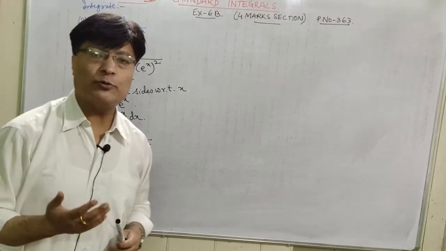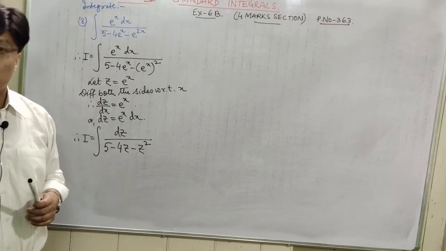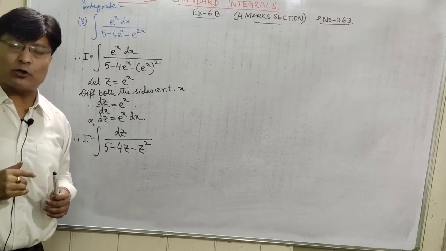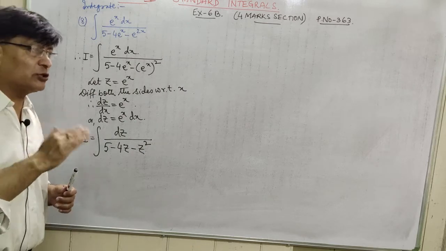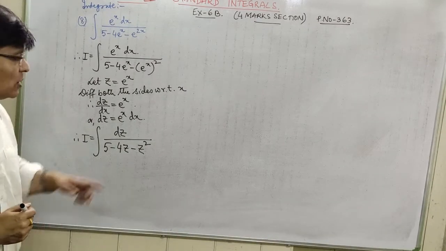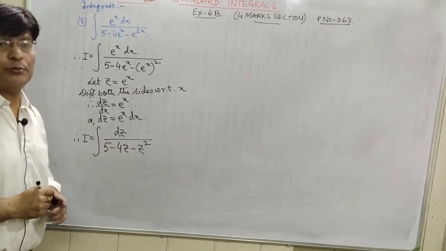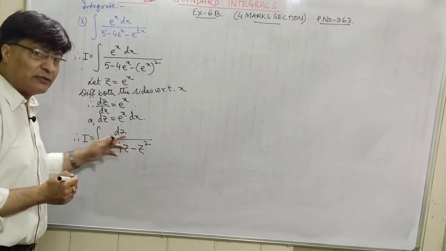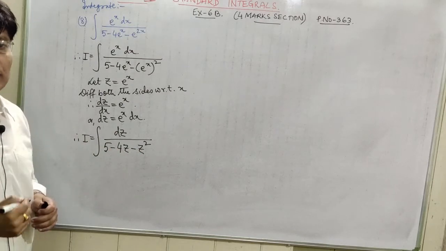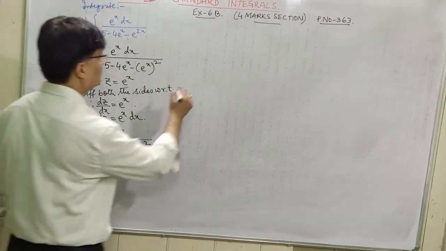So you have to convert into perfect square form first. So always make the coefficient of z square positive 1. So let us convert it into standard integral form.